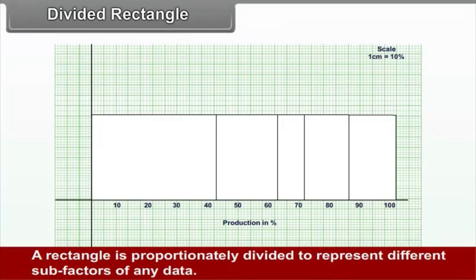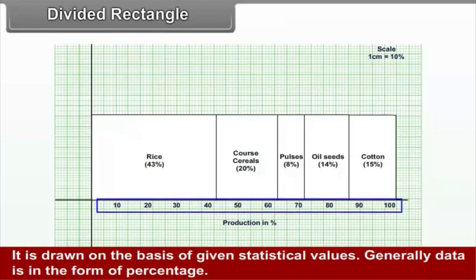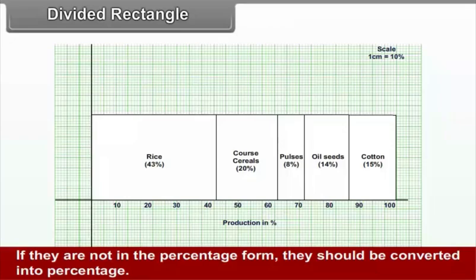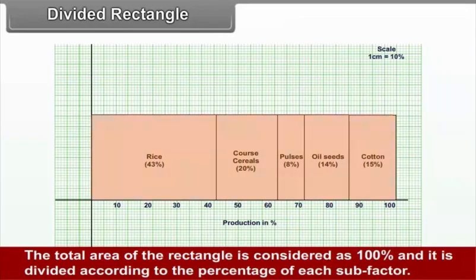Divided rectangle. A rectangle is proportionately divided to represent different sub-factors of any data. It is drawn on the basis of given statistical values. Generally, data is in the form of percentage. If they are not in percentage form, they should be converted into percentage. The total area of the rectangle is considered as 100% and it is divided according to the percentage of each sub-factor.